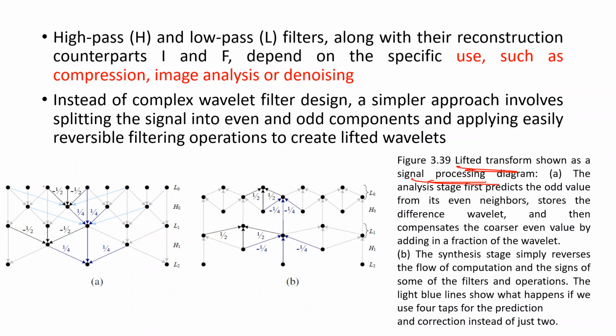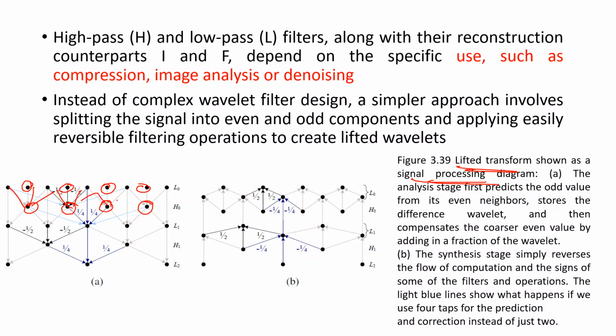So here we have a set of signals. First, in case of lifted transformation, we'll divide the signal into even samples and odd samples, right? Only the even samples are considered into the next level.